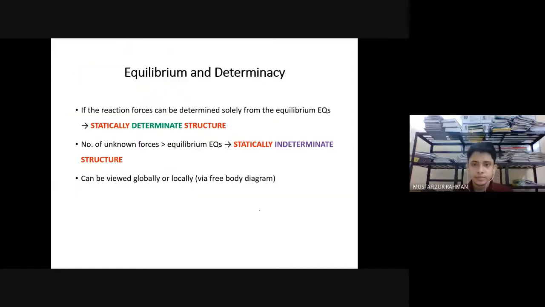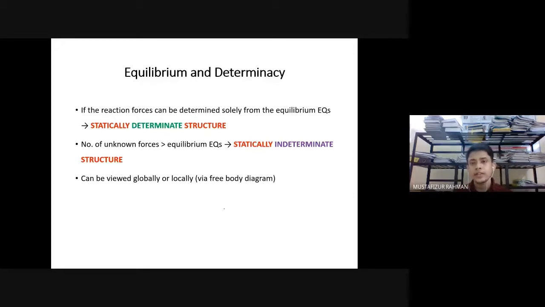Then this degree of indeterminacy, if it is statically determinate, then the degree of indeterminacy is 0. We have 3 unknowns, we can write 3 equations. Degree of indeterminacy is equal to 0, or it is a statically determinate structure. Then again, if the unknown forces are 5, we can write 3 equations.